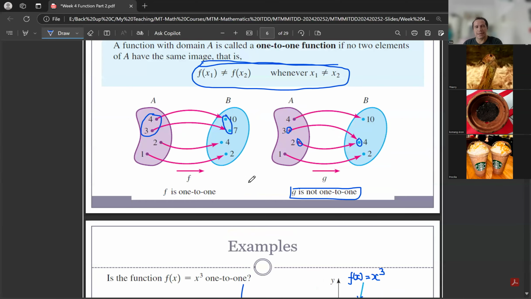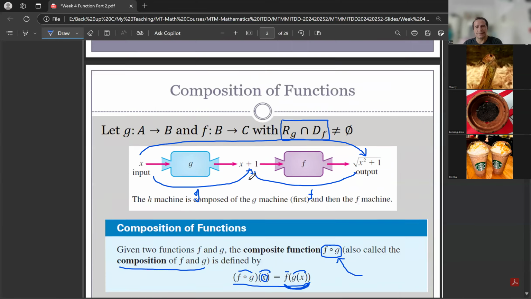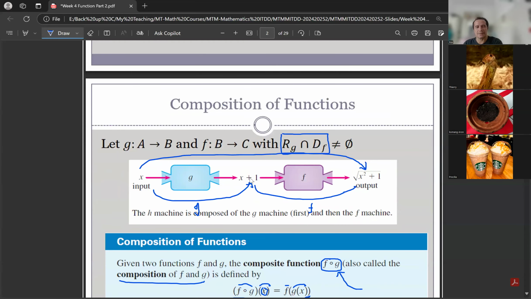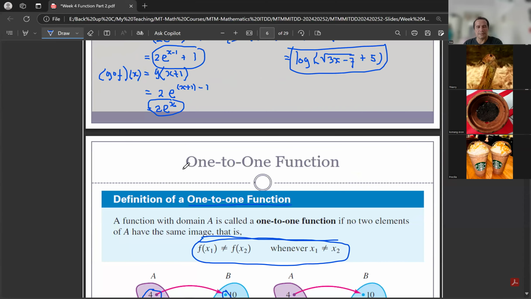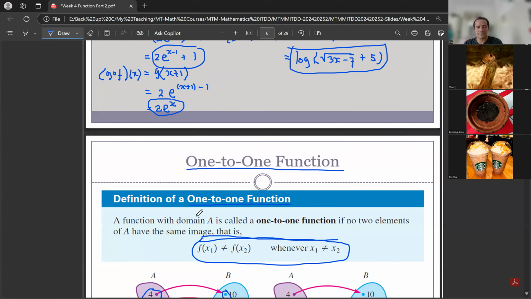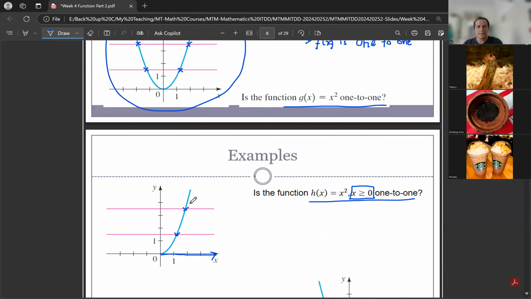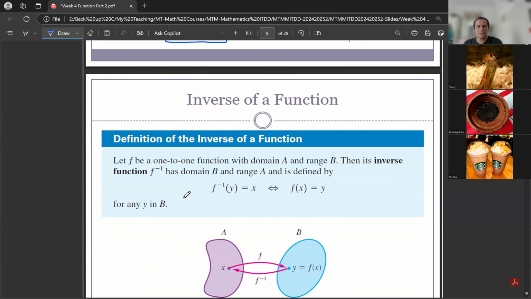So far we have discussed composition of function, and then we also discussed one-to-one function. Okay, next we will discuss inverse of a function.